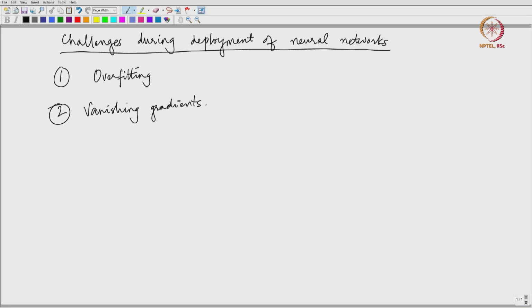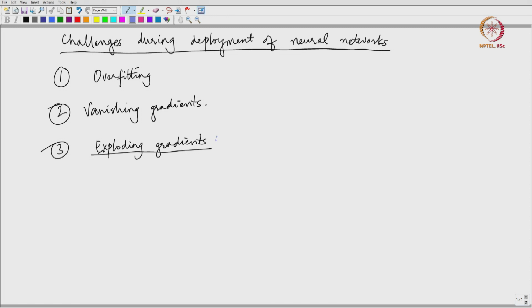Now that we have looked at these two, part of today's lecture is going to focus on the problem of exploding gradients, which is completely the opposite of vanishing gradients, but this can also happen, and the problem with this is that you are going to have very unstable updates of the parameters during the gradient descent algorithm.